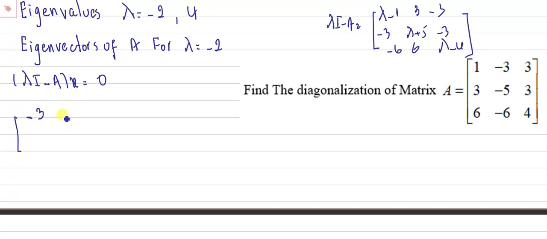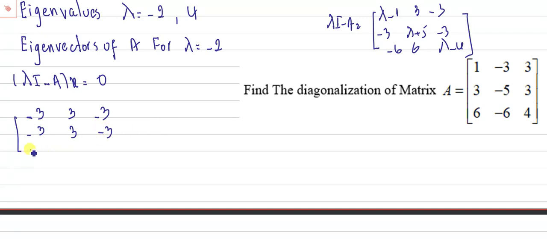So this is minus 3, minus 3, 3, minus 3. This one is minus 3. This one is minus 2 is 3. This one is minus 3.